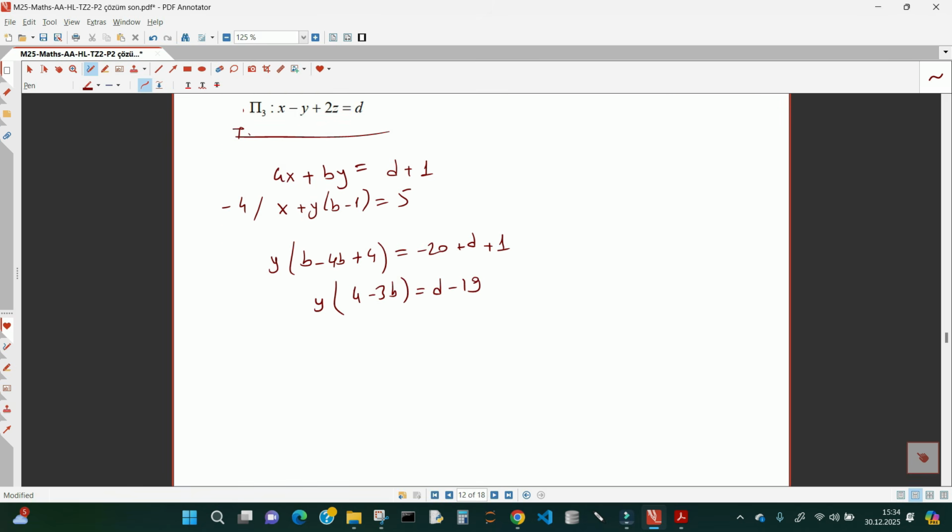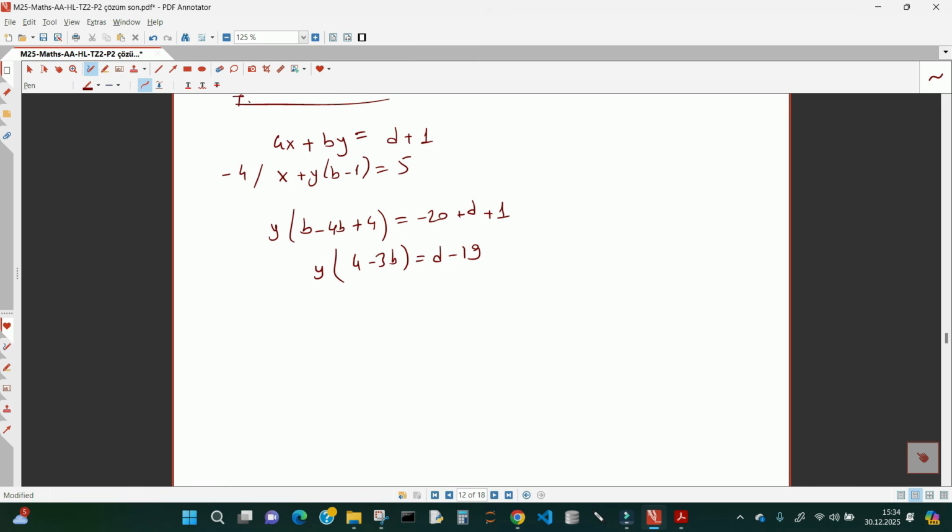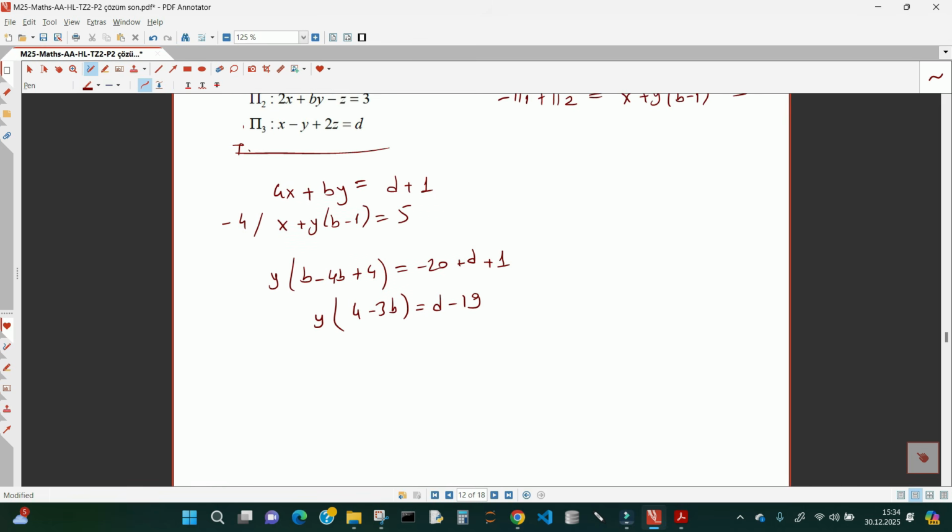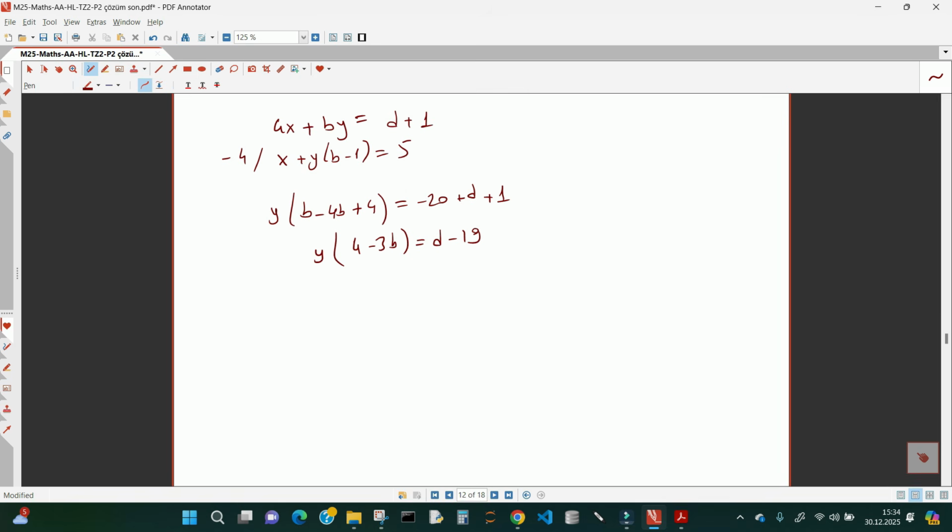Here we have it. So from here, y equals (d minus 19) divided by (4 minus 3b). If y is, let's say, 0, which means d minus 19 equals 0, in this case d is 19.